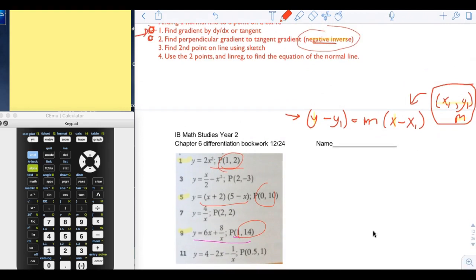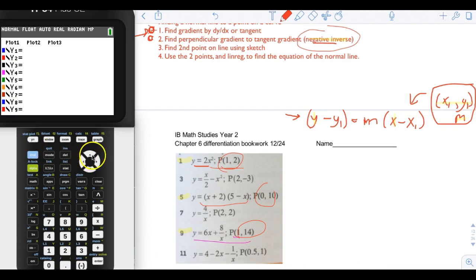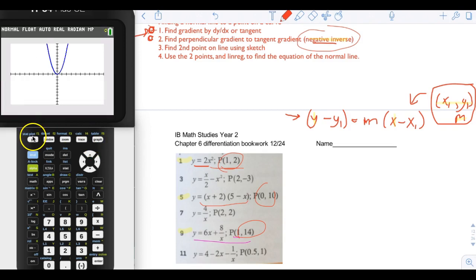So the first thing you need to do is put the original function into the calculator, into y equals, so that we can find out what the tangent slope is. So we're going to put in 2x squared, and we're going to graph it because we want to find the slope of the tangent line at x equals 1.